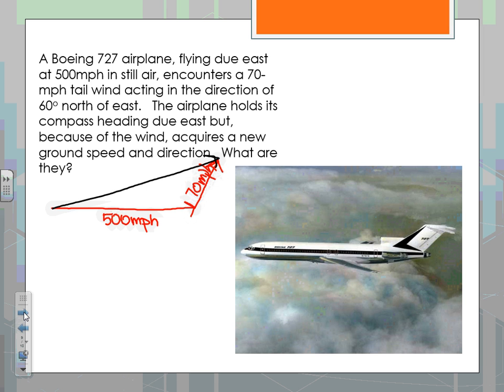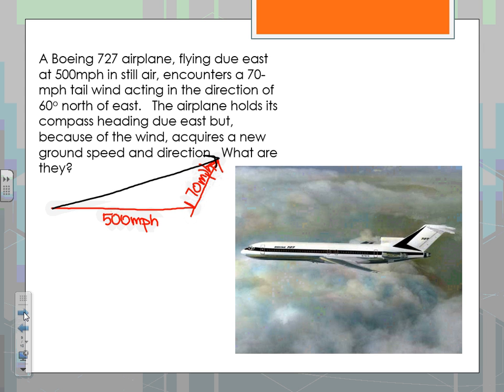So in order to actually keep going due east, you'd have to correct north. Think like if you're walking straight and you start pushing to the right. I understand. Okay? So we're going to actually have to add these two together.